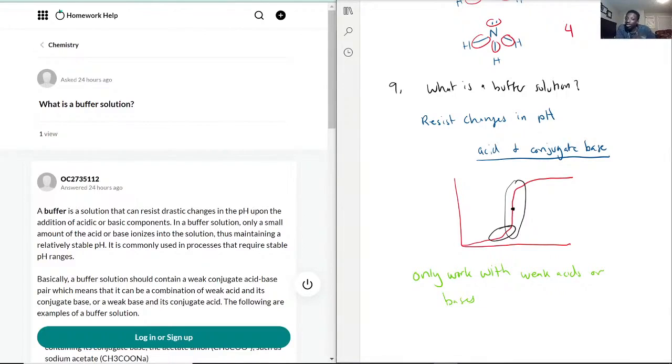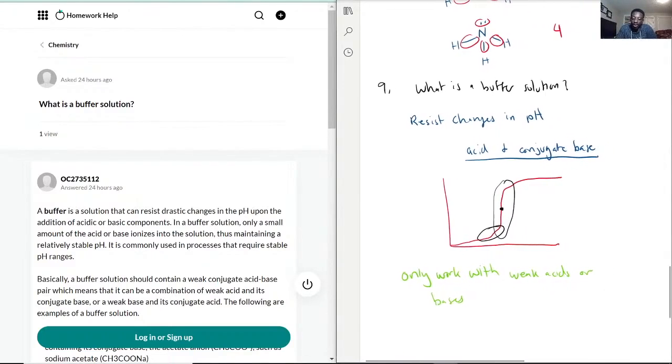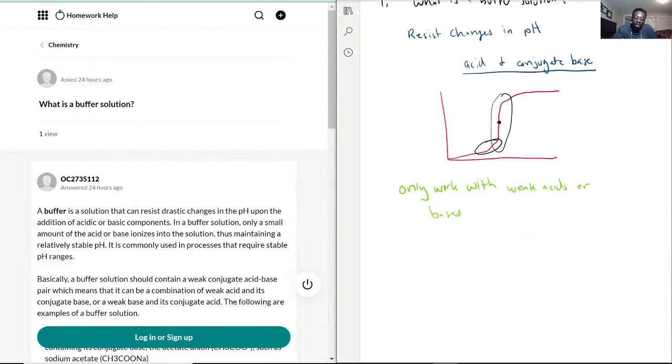The issue with strong acids and strong bases is that they dissociate completely. So let's say I put HCl in a solution. Every part of it will separate into H and Cl. That's guaranteed. Now, if I put in NaOH, same thing would happen, where it just breaks down to sodium and OH minus.